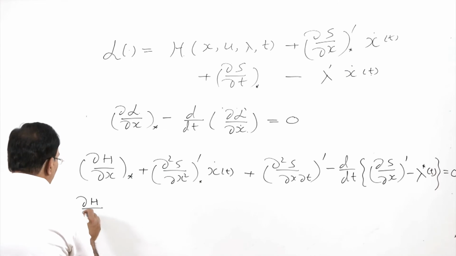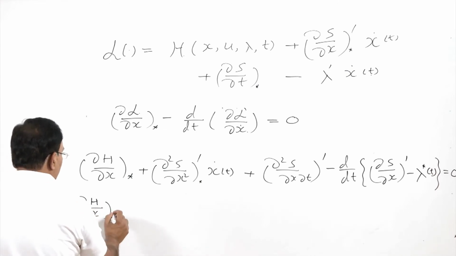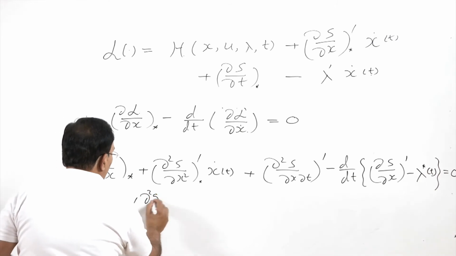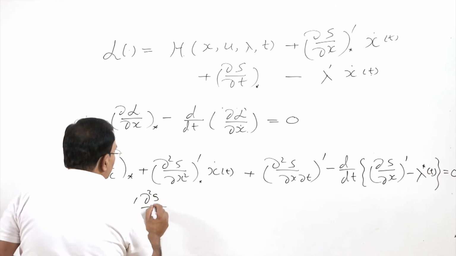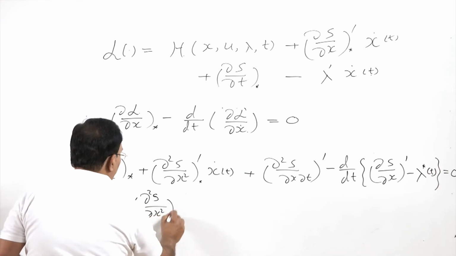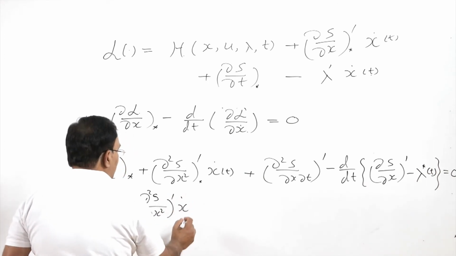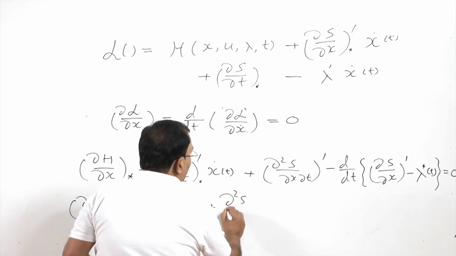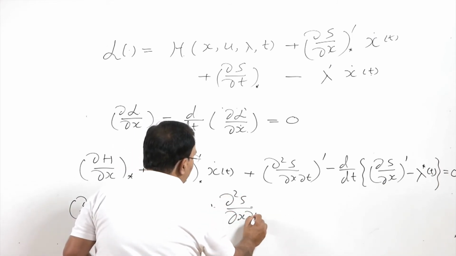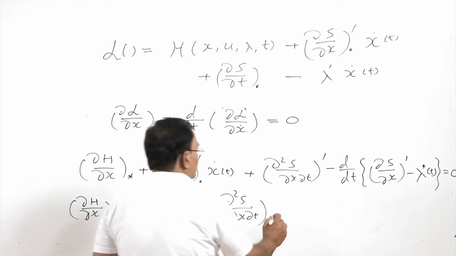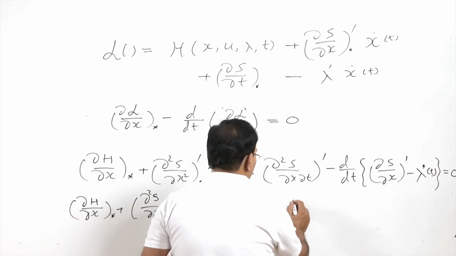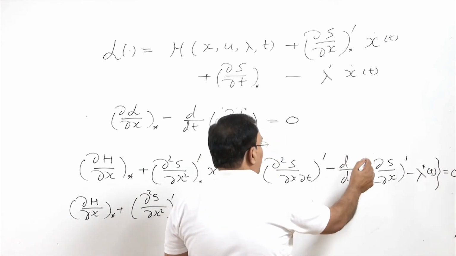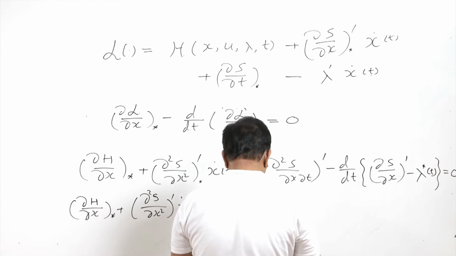So, I have this term as such: del h by del x plus del 2s by del x square prime x dot of t plus del 2s by del x del t, minus d by dt of del s by del x.